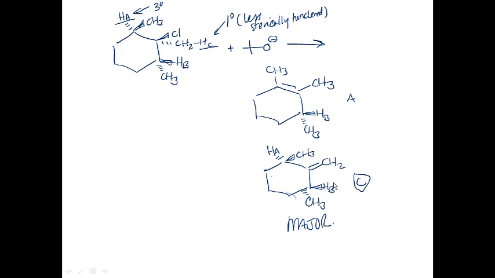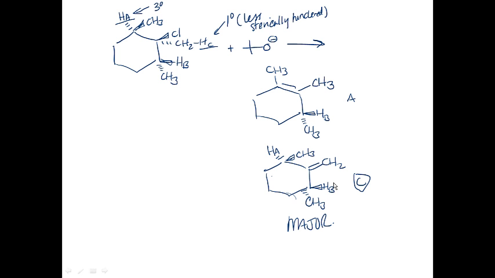Then, after writing those possible products, you have to look at the base that we used. If we use the small NH2 minus base, we're going to get formation of the most substituted alkene, the so-called Zaitsev product.